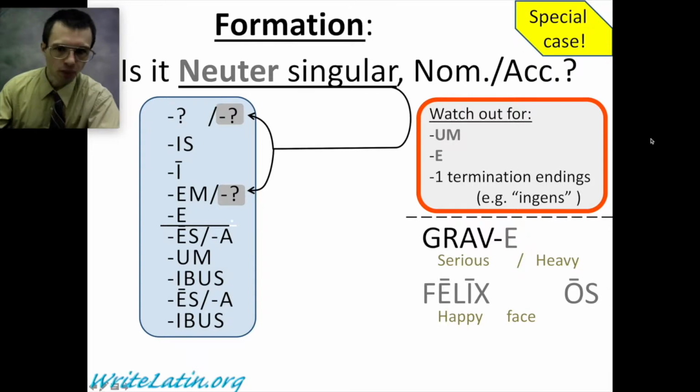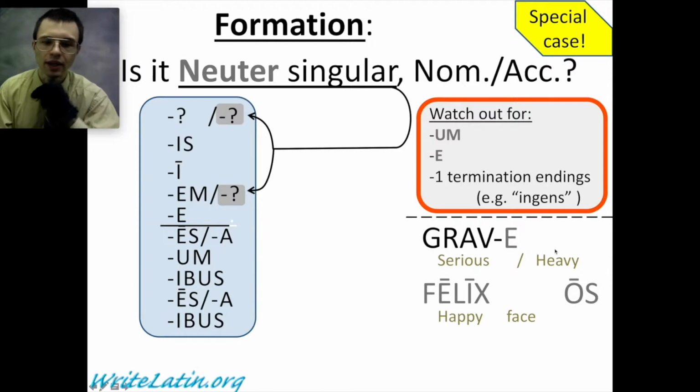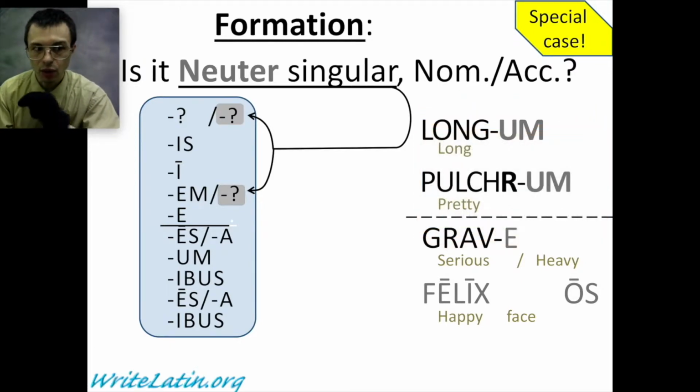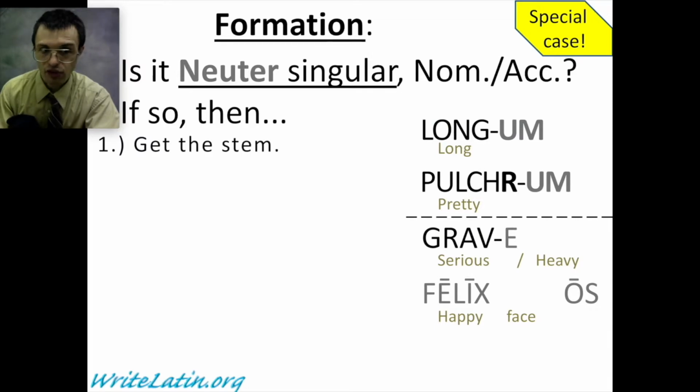Anything ending in is or e, like two termination tristis, triste, or even one termination endings like ingens or at the bottom here, felix, could be neuter singular, couldn't they? Because they don't have a second termination. So if you see any of those, watch out, it might be this IUS form.